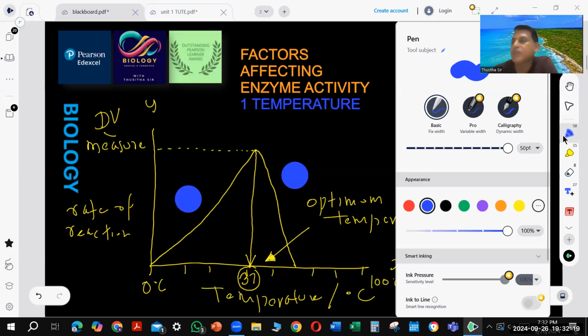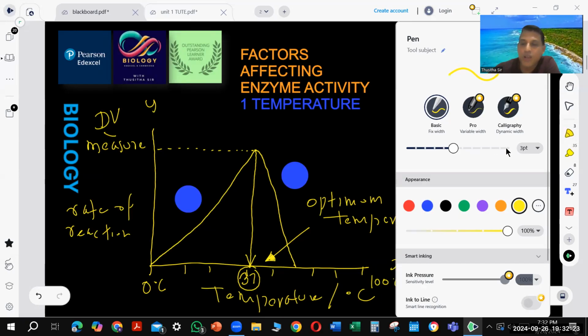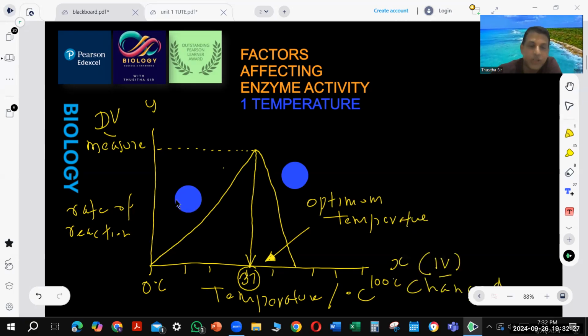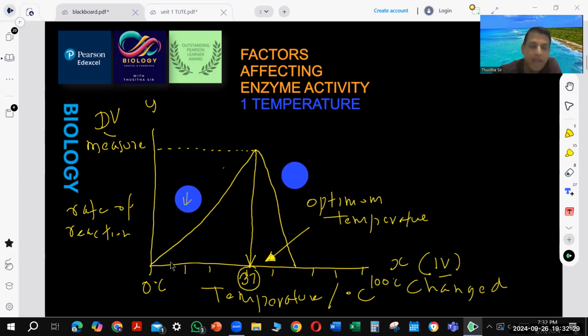But half of the class usually don't know. So why is the rate of reaction low at lower temperature? Why is the rate of reaction low again at higher temperature?